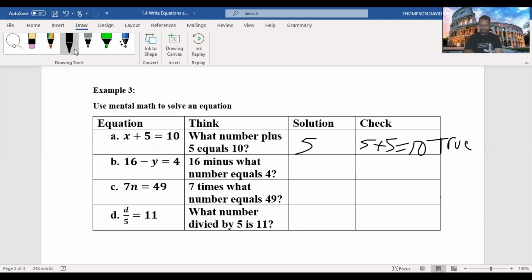You want to think, 16 minus what number gives you 4? That should be 12. And 16 minus 12 does equal 4, which is true. Part C, 7n equals 49. We want to think, 7 times what number equals 49? That should be 7. And 7 times 7 equals 49, which is true.